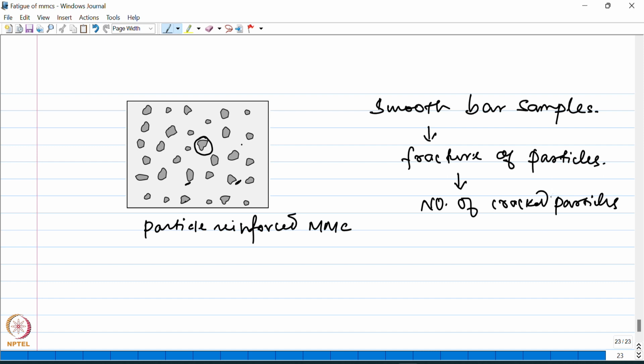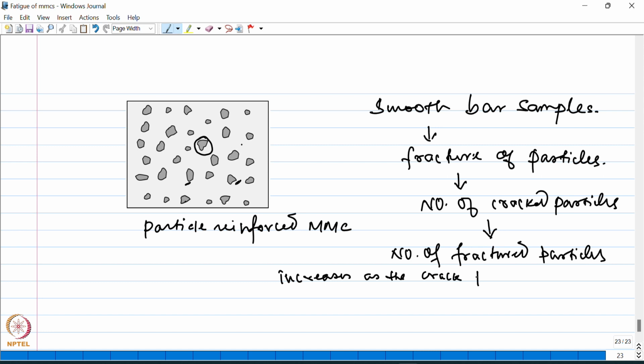It has also been observed that the number of fractured particles increases as the crack progresses away from the initiation site. And this indicates a dependence on stress intensity.